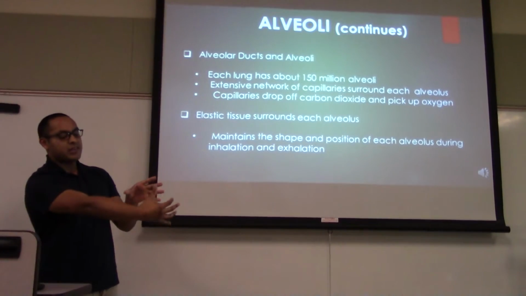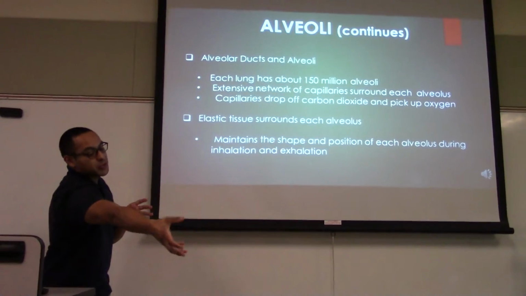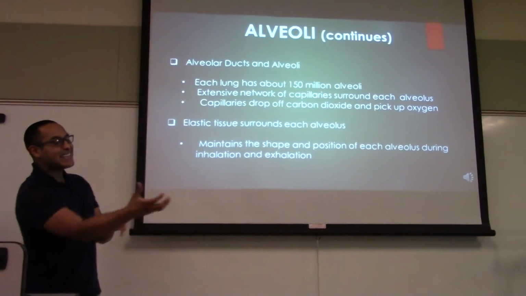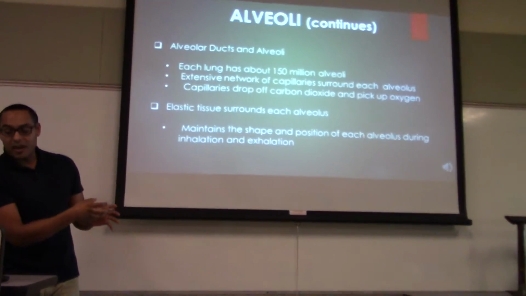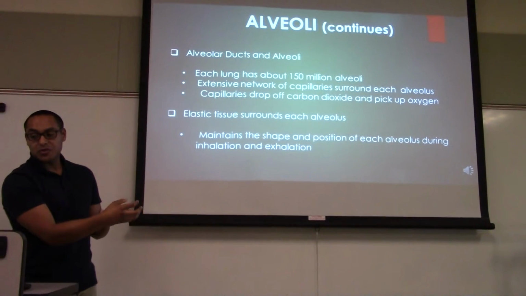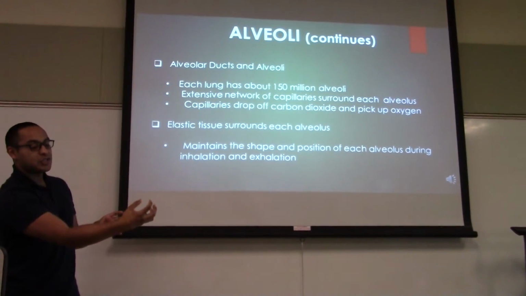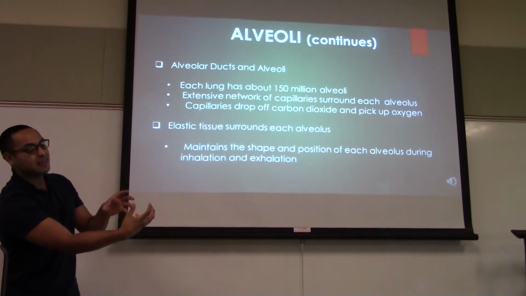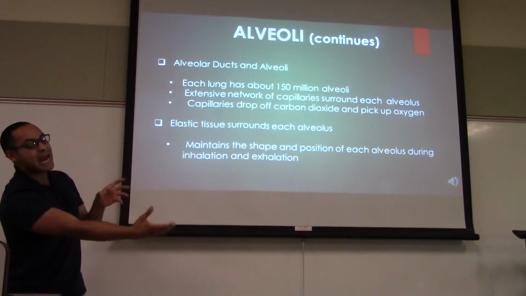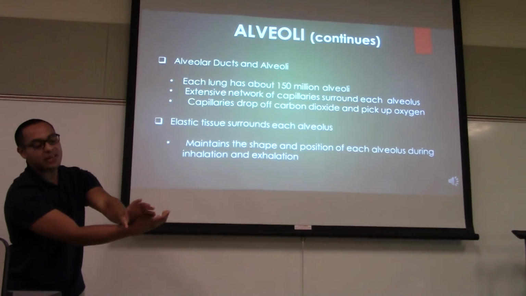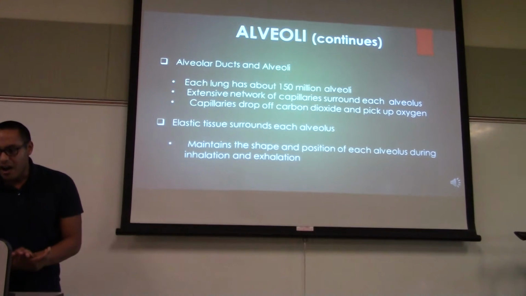Why? I'll get to why later. Capillaries come to the lung and bring us CO2. When that happens, that CO2 enters the sac and then leaves. We breathe that out, but at the same time we have oxygen going in, so it's an exchange.